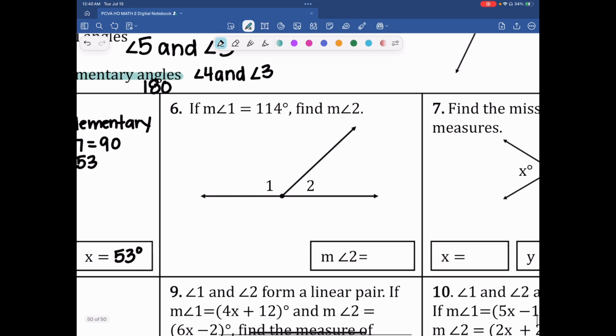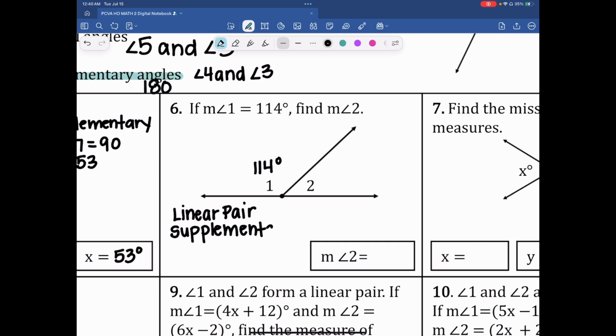All right, so for number 6, it says find the measure of angle 1, and if it equals 114, find the measure of angle 2. Remember that m in front of the angle 1 means measure. If we look at the linear pair that we have, the measure of angle 1 is 114, and since they are a linear pair, we should be able to determine that angle 1 plus angle 2 are going to equal 180, which means they're supplementary.